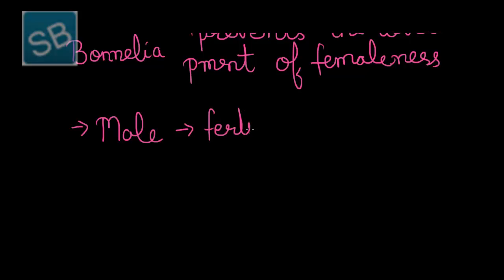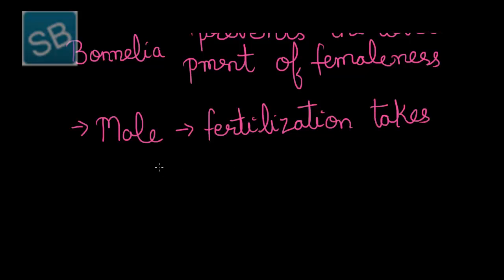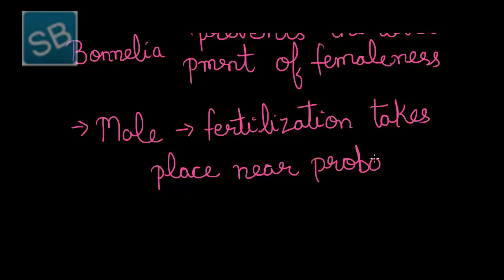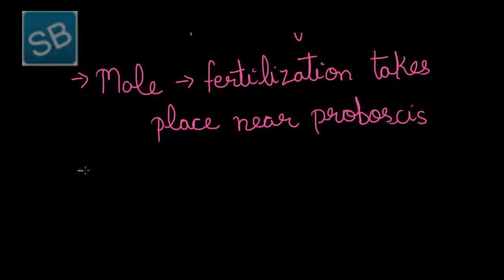Thus, in Bonellia, male would be formed if fertilization takes place towards or near the proboscis. And if the fertilization takes place away from the proboscis, then the female would develop.